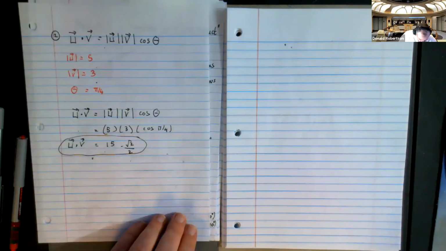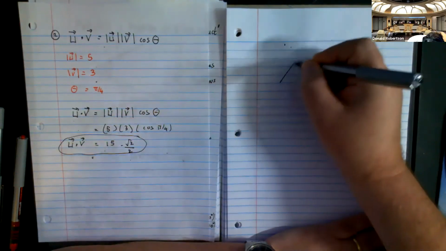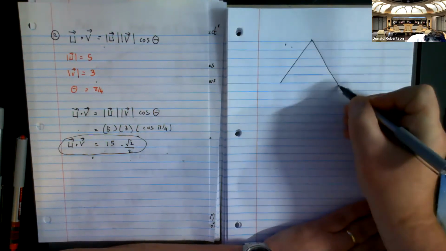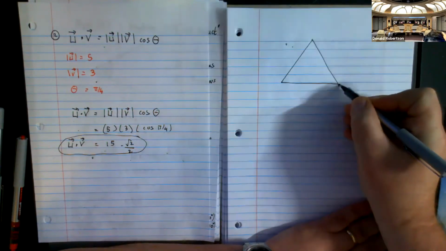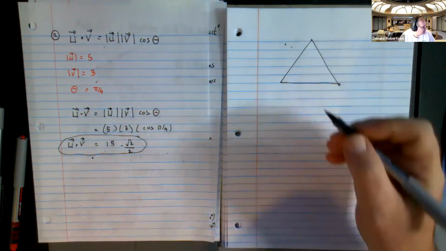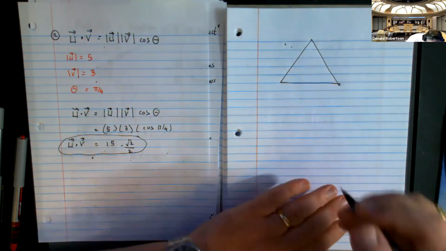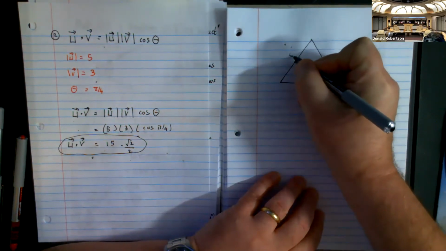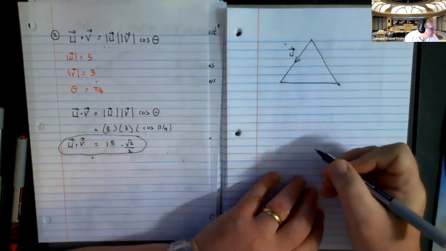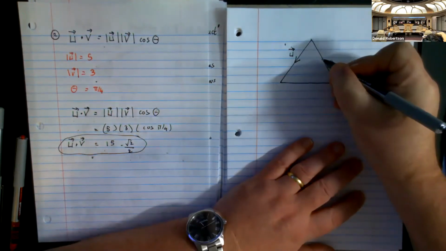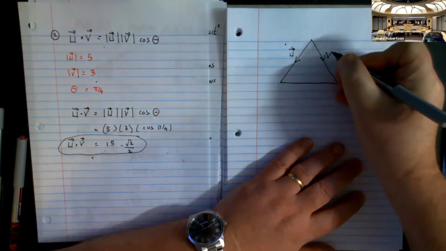So let's give you a puzzle one. Try to find this guy out, because it is a copy of a question. Here we go. Here's U going this way. Here's V going this way.